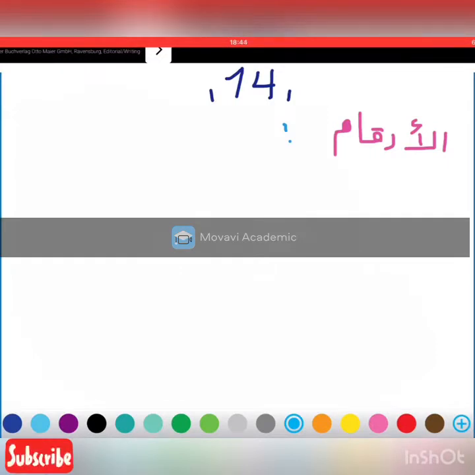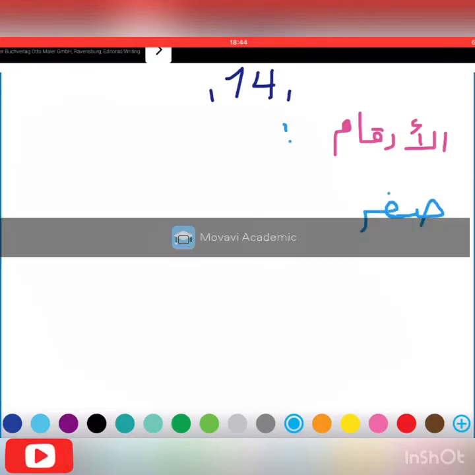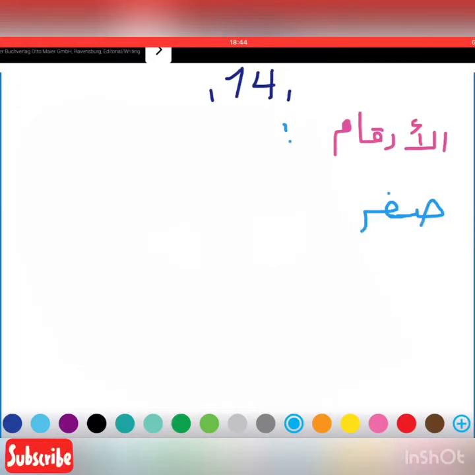صفر. It means 0. صاد, ص, f, and then f, صف, fa in the middle, ra, صفر. So we said is in the beginning, صاد, and then f, fa in the middle, and then ra, صفر, okay.